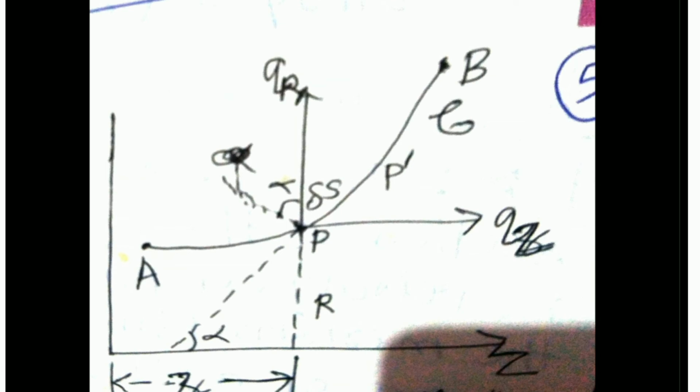Suppose that this z-axis is axis of the symmetry in an axisymmetric flow, and this is a point P in the fluid specified by cylindrical polar coordinates r, theta, z, and then at this point P all scalar and vector functions associated with the flow are independent of that theta.